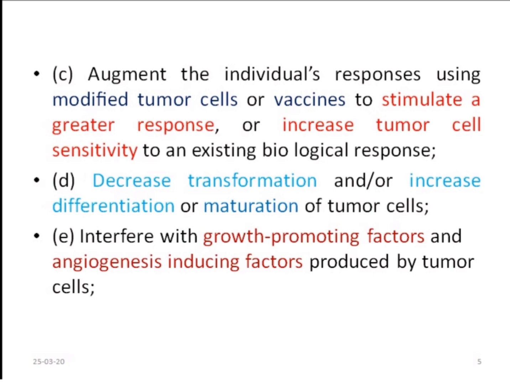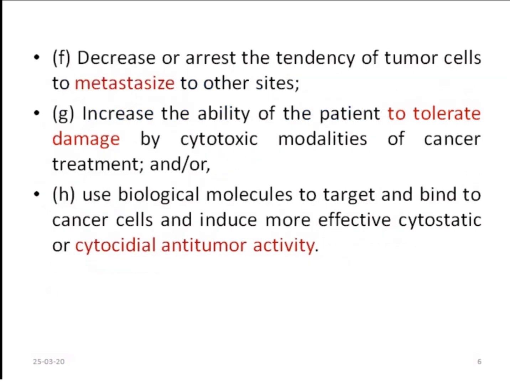So we need certain agents, and in our body itself we have those agents. We just need to modify them so they can act strongly against that angiogenesis process the tumor is doing. As well as growth promoting factors, there are various factors which act as growth promoting factors. They are acting as supportives for your cells, right? So they are controlling those factors as well.